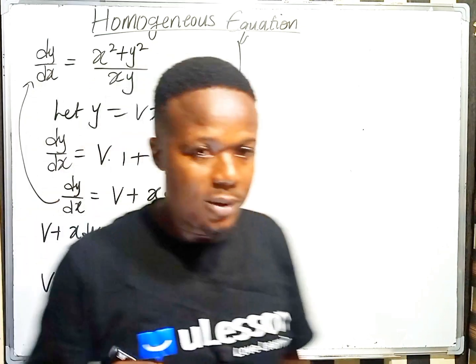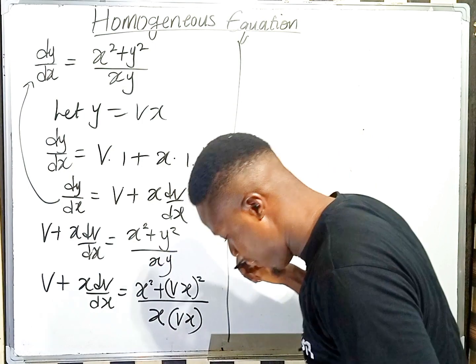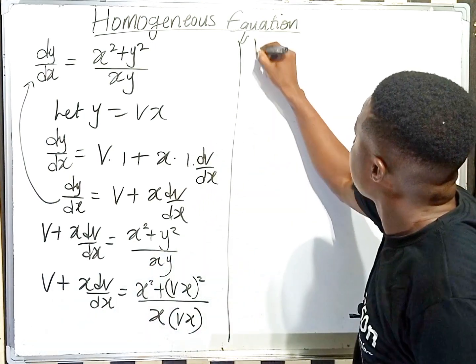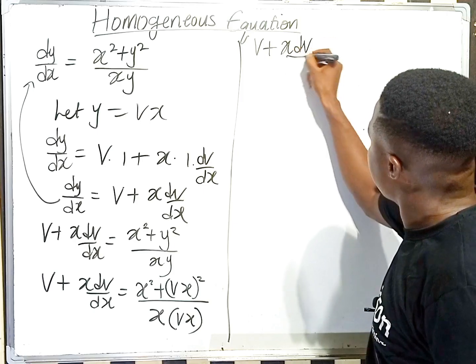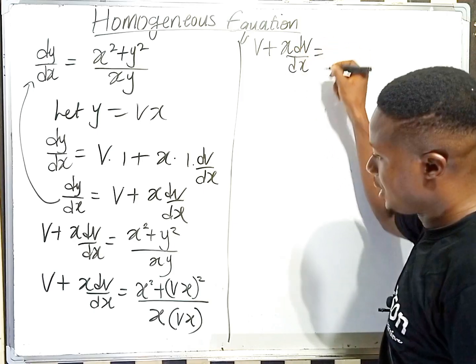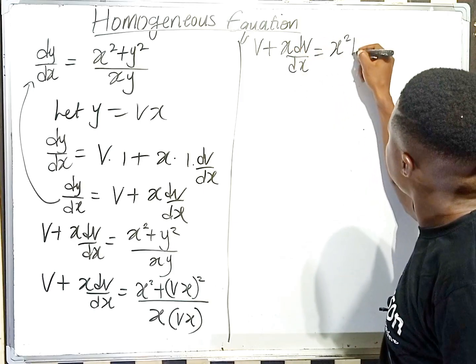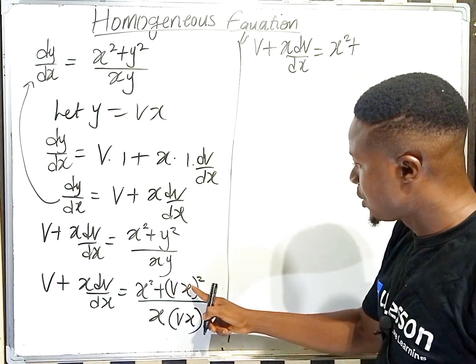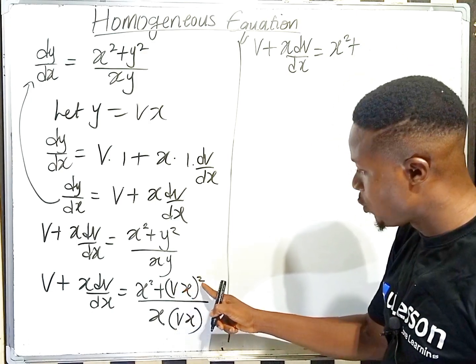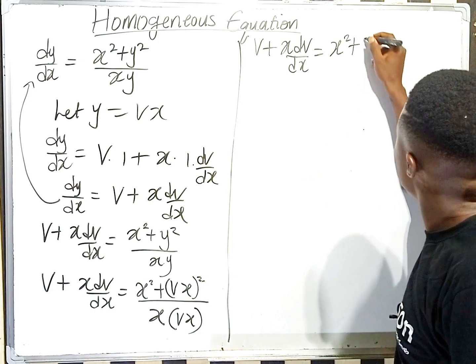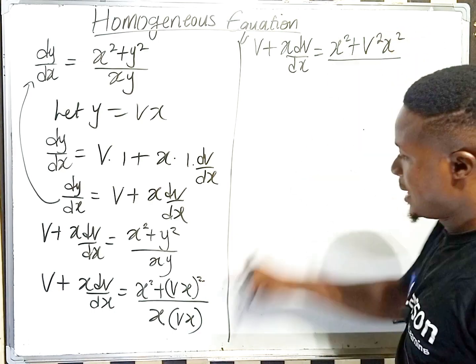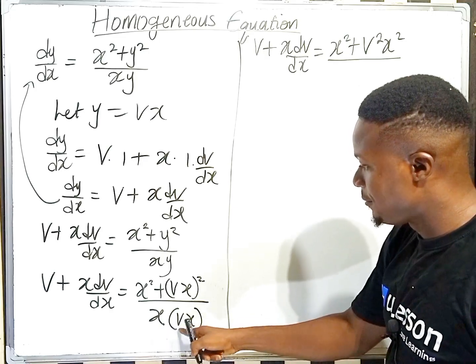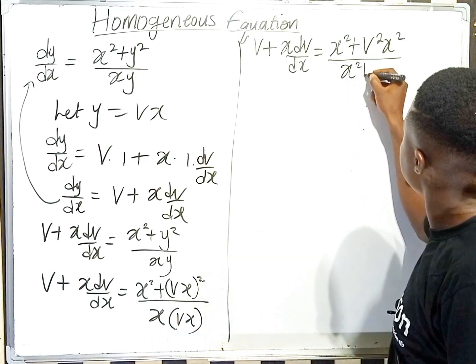Now, continuing from here, we shall have v plus x dv all over dx is equal to x squared plus v, this will give us v squared x squared when you raise to the power of 2. So you have v squared x squared all over x times x, which is x squared v.